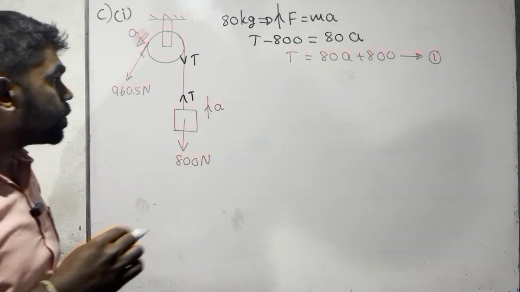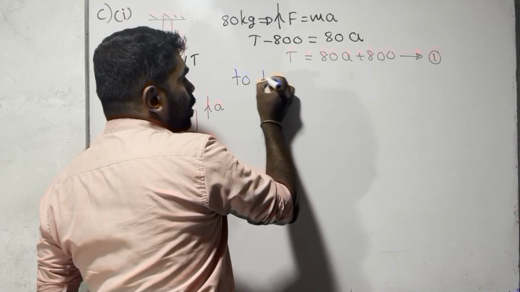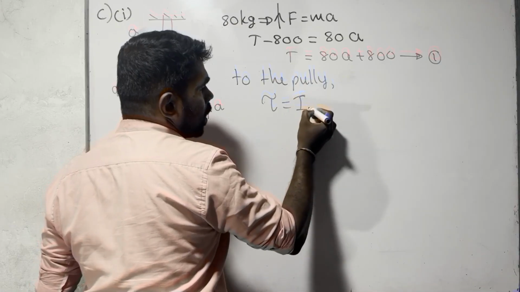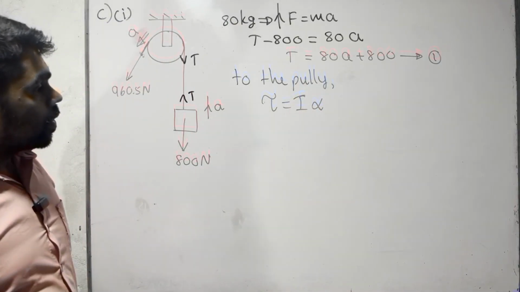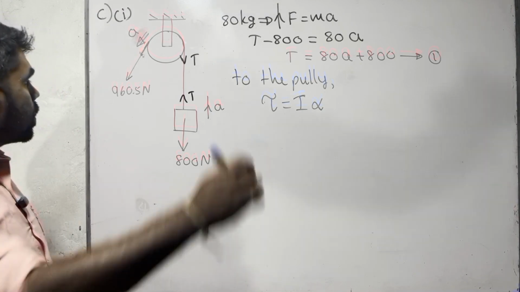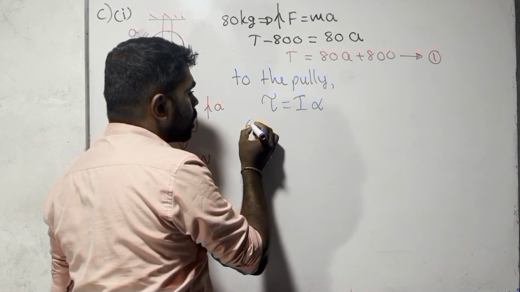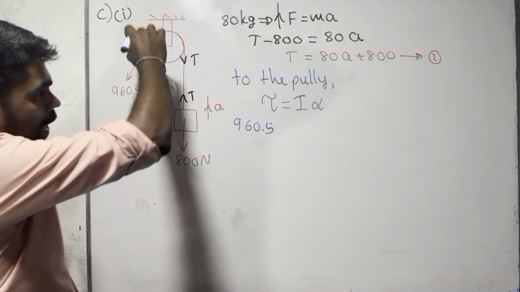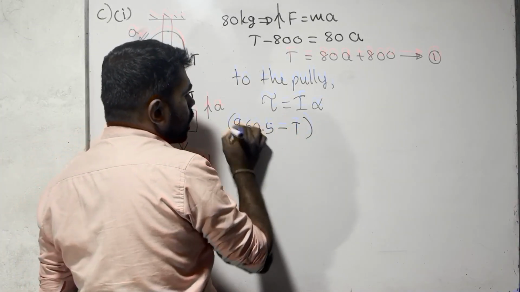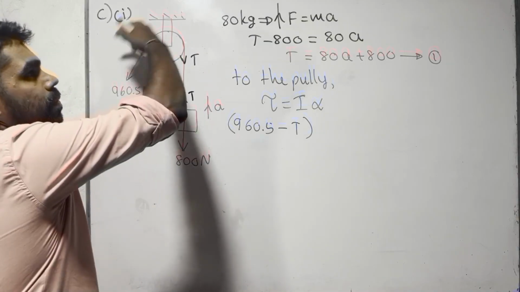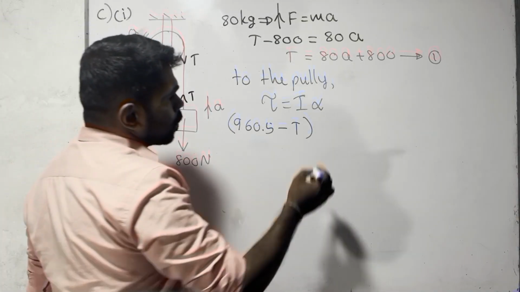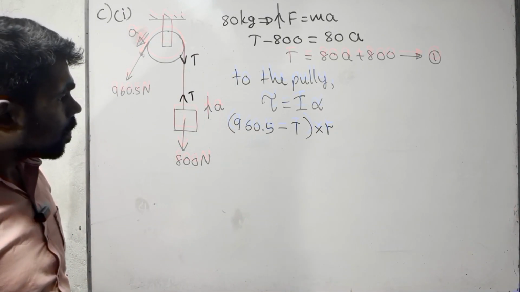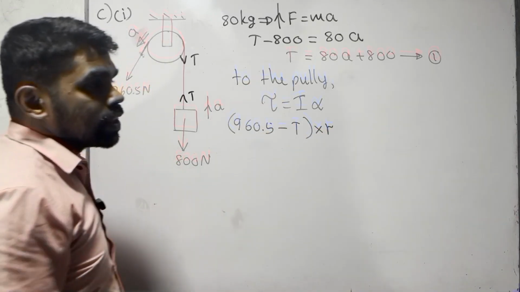Now we can use tau equals I alpha for the pulley. It is accelerating. Torque is 960.5, the supportive force to rotate, and we have to subtract the opposite force. It is the resultant force in the tangential direction, and we have to multiply by the radius of the pulley. Force into perpendicular distance.